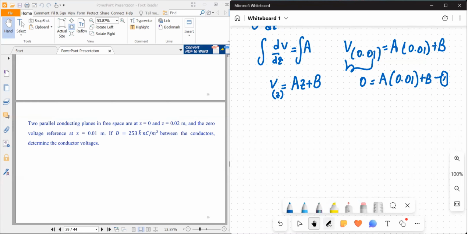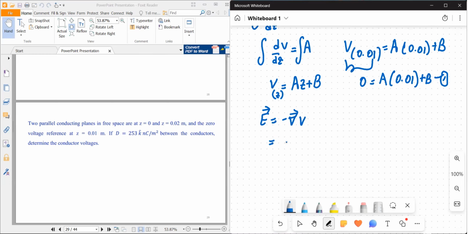Then in order to calculate the electric displacement field, first we can calculate the electric field. So electric field is equal to minus del V, or the gradient of this electric potential.